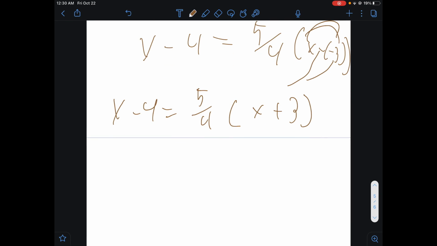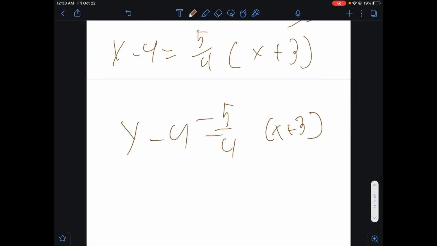Okay, so if we continue, we still have the 5 over 4, but now we need to distribute that into the parentheses of 3 plus x equals y minus 4.